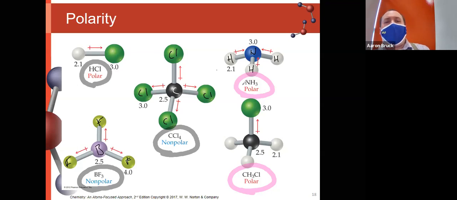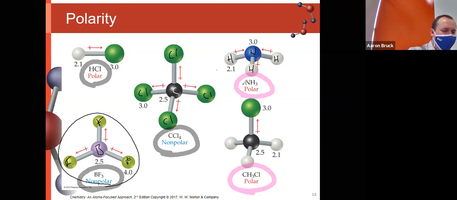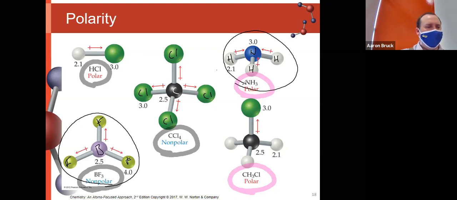Again, here's where shape makes a difference. Notice the difference in shape between the boron trifluoride and the ammonia. This one is trigonal planar.